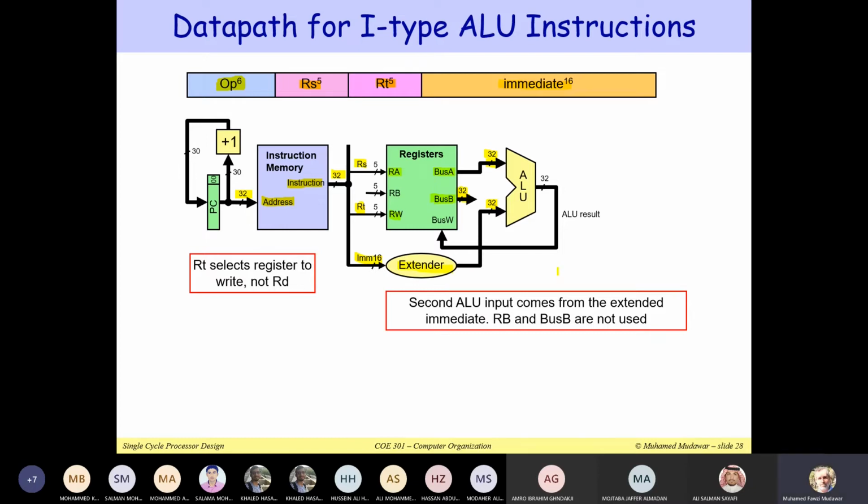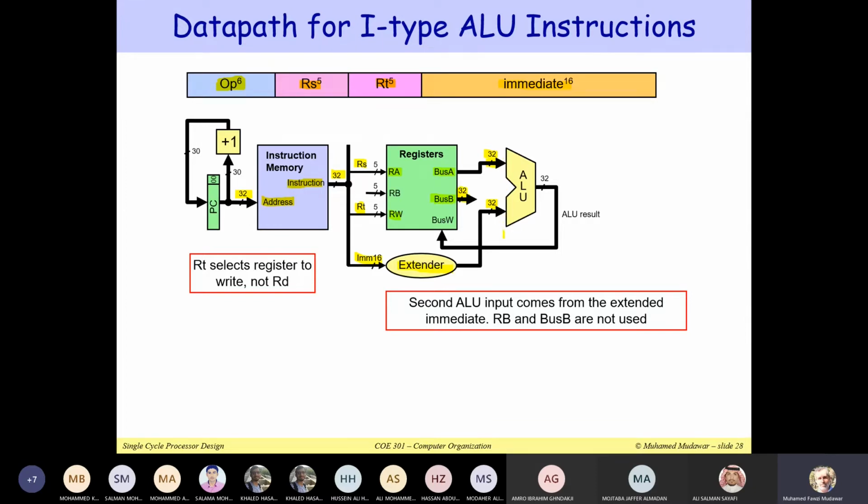The extension here can be either sign extension or 0 extension. This is very simple, depending on the opcode. So now we have a 32-bit input, which is the extended immediate, and it's my second ALU input.